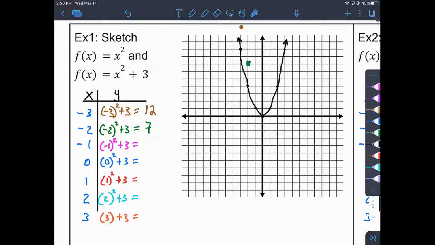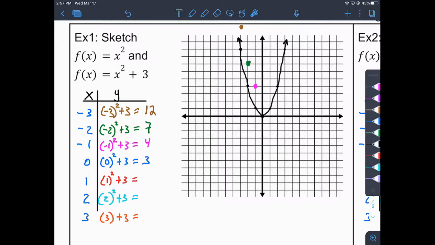Next one. This time we're plugging in negative 1. Negative 1 squared is 1. Plus 3, that gives us 4. So we're going to go backwards 1 and up to 4. Next one, 0. 0 squared plus 3, well, 0 squared is still 0, and plus 3 gives us just 3.